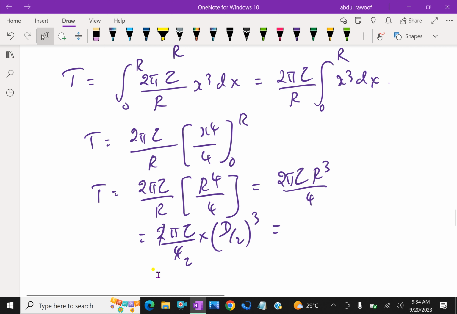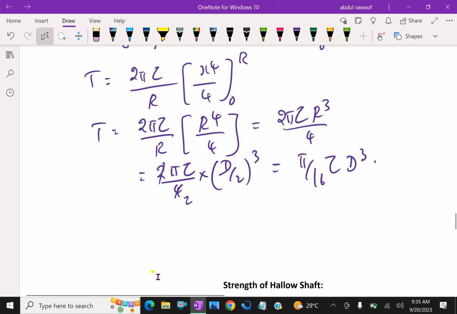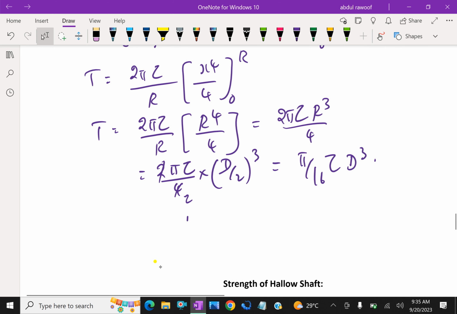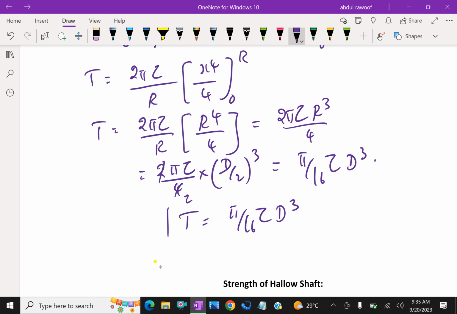Therefore, the maximum torque is pi by 16 tau d cube. This is the formula for the torque a solid shaft can transmit.